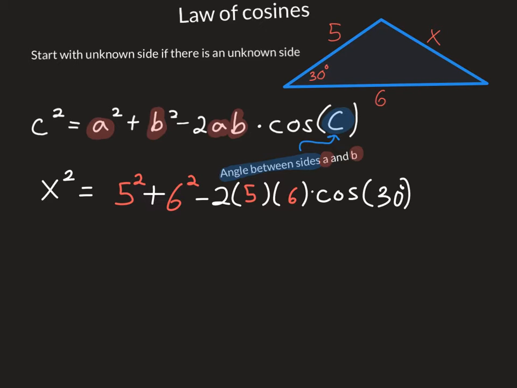However, with this particular setup using the law of cosines, the main mistake that I see students make is right here. It can be tempting to do this subtraction before this multiplication, which of course would not be following PEMDAS. An example of what not to do would be to go 6 squared 36 and then minus 2 and get 34 or something, because that would be doing subtraction before this multiplication.